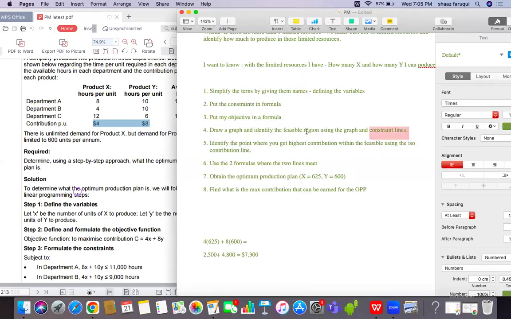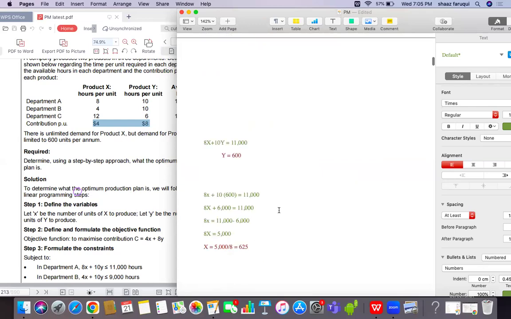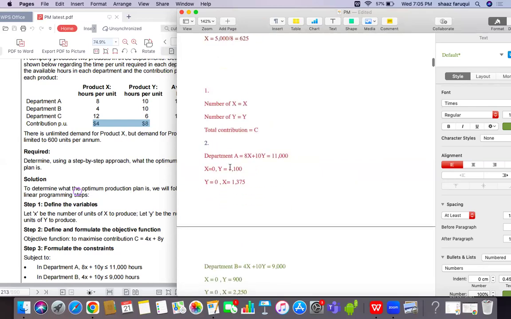Then I used the formulas and drew a graph, where I am assuming what happens if x is equal to 0, I get the value for y. What happens if y is equal to 0, I get the value of x.